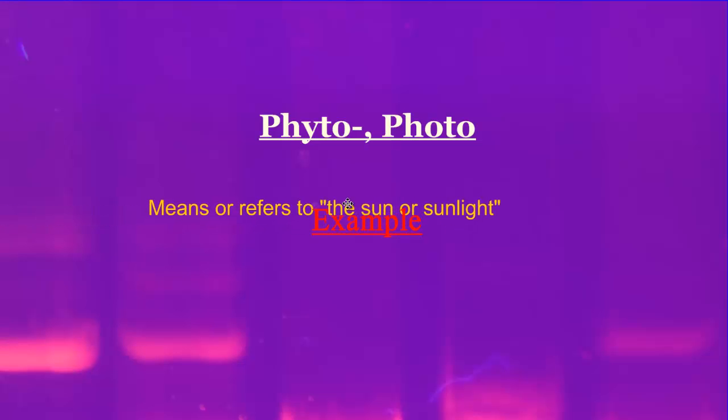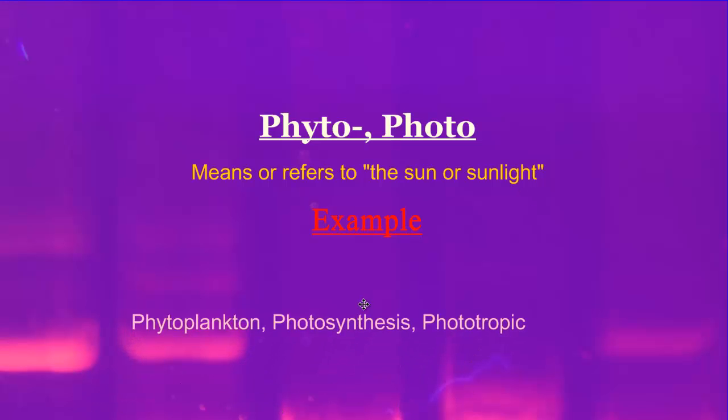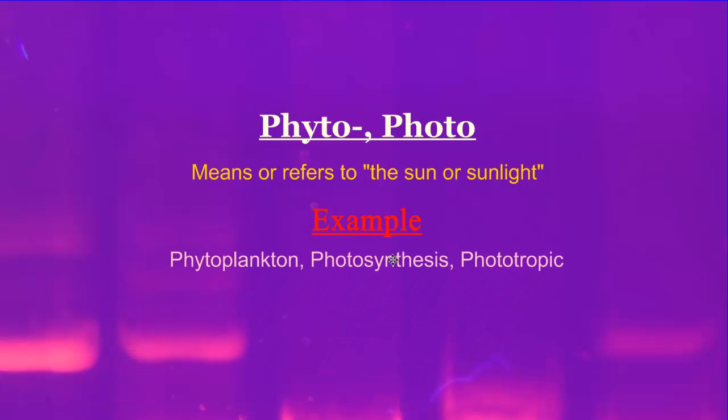Our next prefix is phyto or photo, again used fairly interchangeably. They both mean or refer to the sun or sunlight. Examples that you'll see in biology or in life are things like phytoplankton, photosynthesis, phototropic.